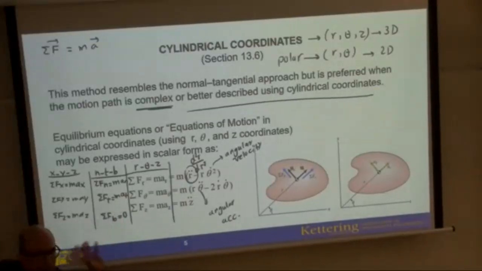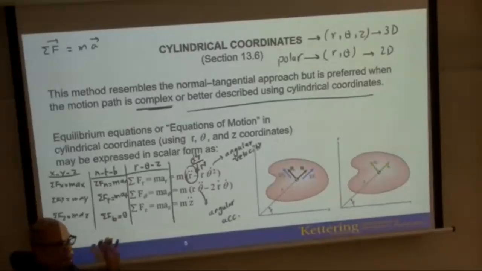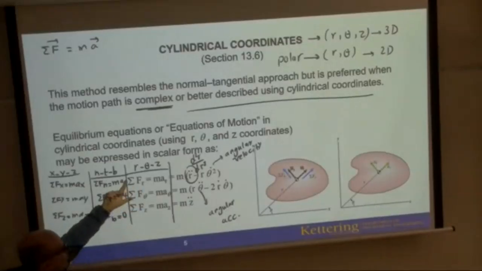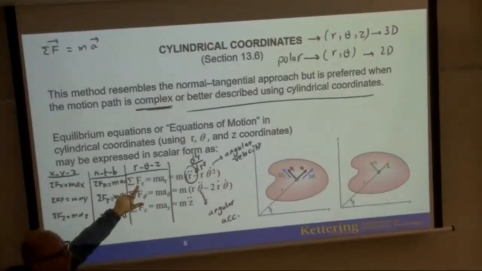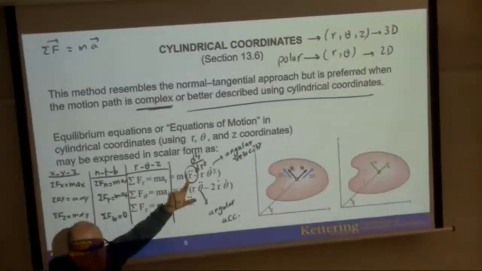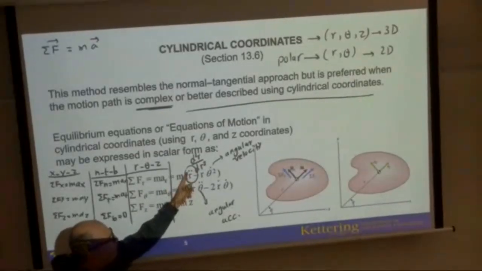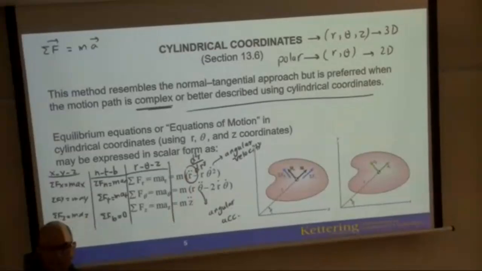Also, you will see that if you just check the units on the left-hand side and the right-hand side of this one, the left-hand side is the Newton. Also, m r double dot is m multiplied by something that should be an acceleration.